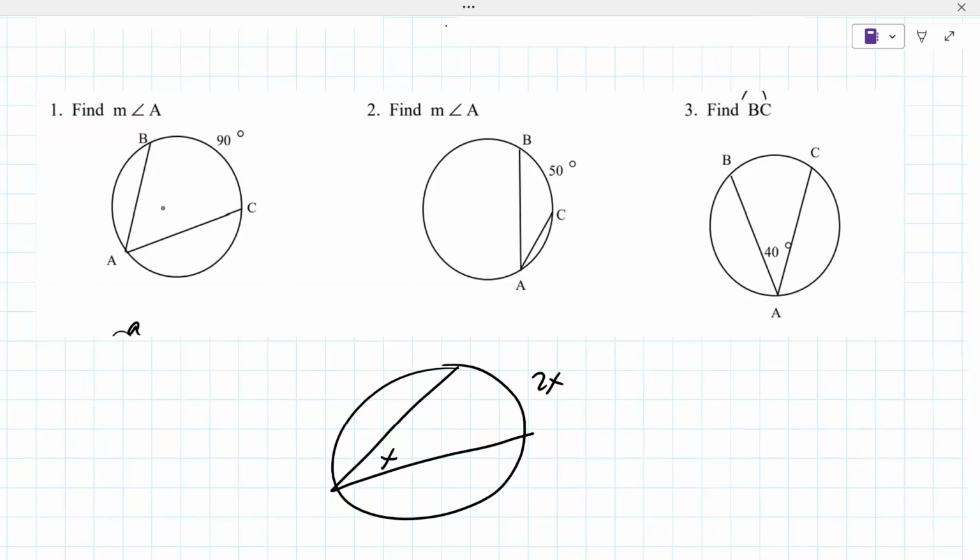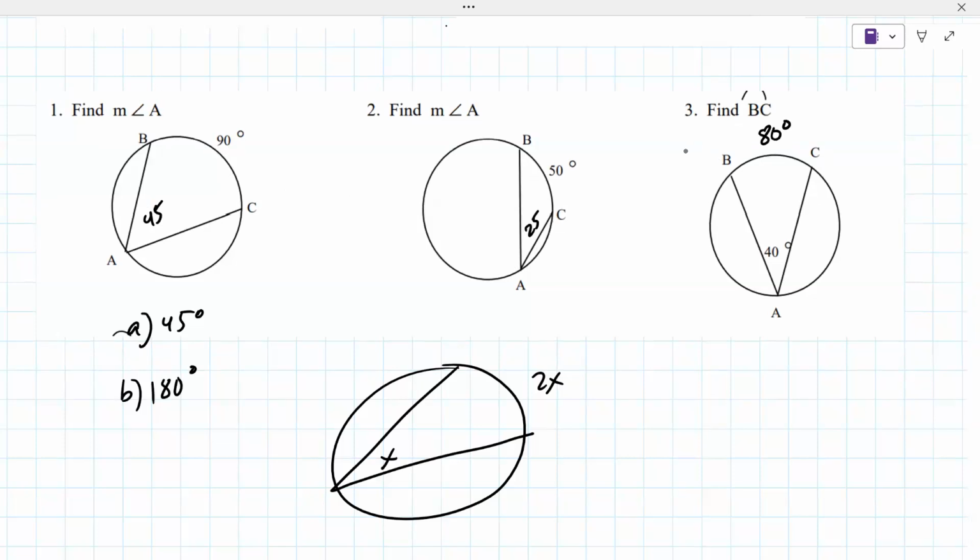So for multiple choice, there'd be 2 answers, 45 or 180. Now just looking at the angle, does that look like a 180-degree angle? I see. No, it doesn't. It looks like 45. Right. So you cut it in half when you're going that direction. So what is the measure of angle A here? 25. Okay. And B to C? 80.